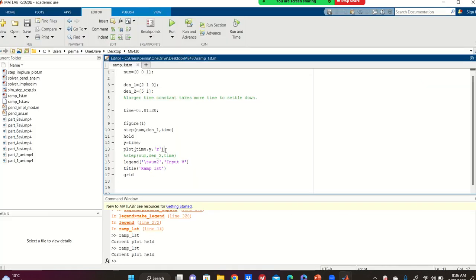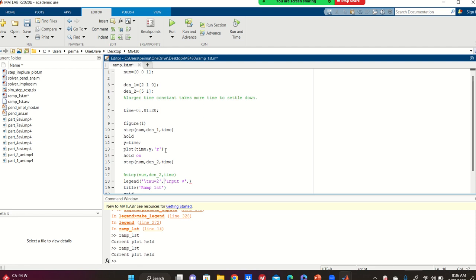I'm going to say hold on, and now I'm going to plot this step, and this is going to be for tau equal to 5.